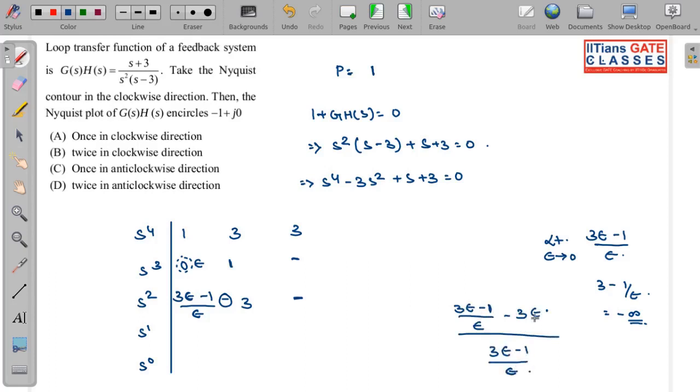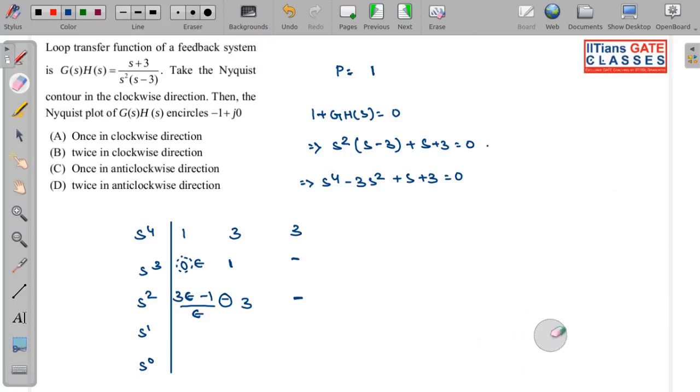So this will become 1 minus 3 epsilon divided by 3 epsilon minus 1 by epsilon. So this epsilon will go above. So this will be 1 minus 3 epsilon squared by 3 epsilon minus 1. Or else I will just show you one very easy simple trick, no need of solving any of the limit. So this will be a little bit tricky, but it will be very easy for you.